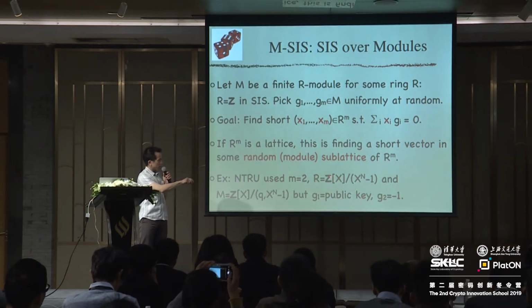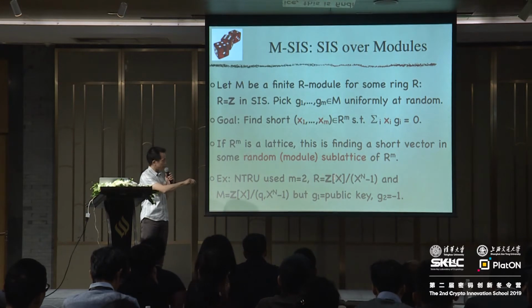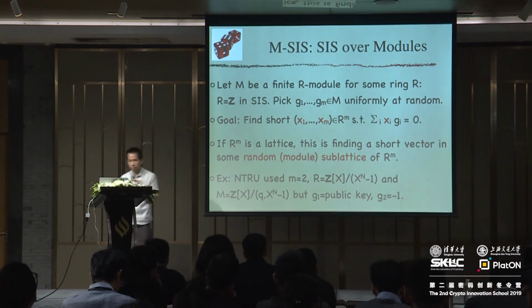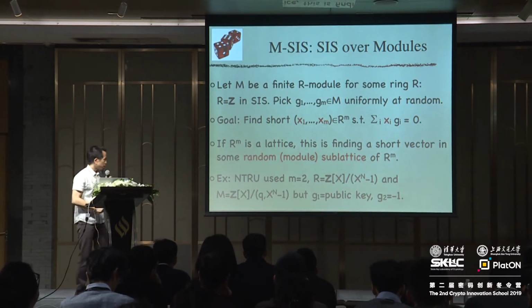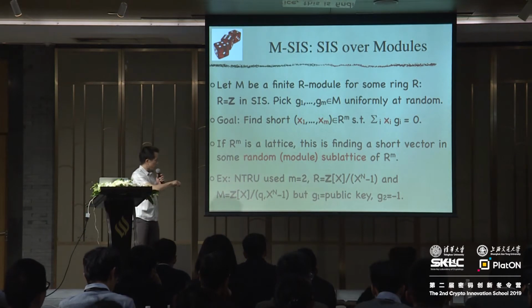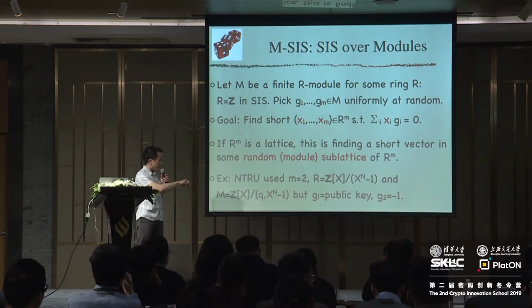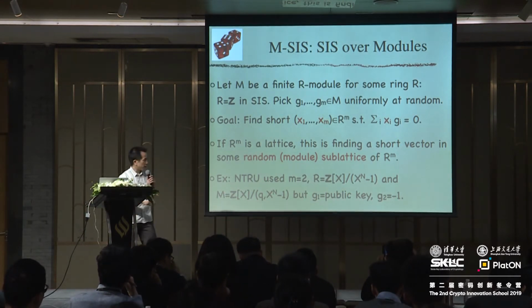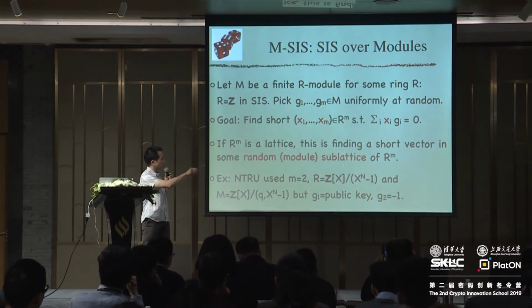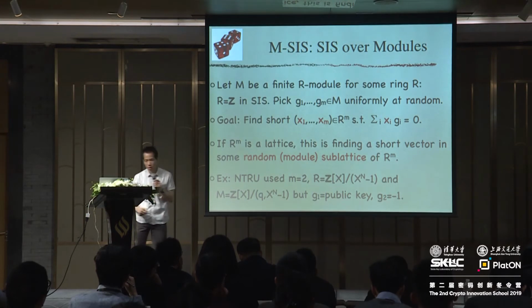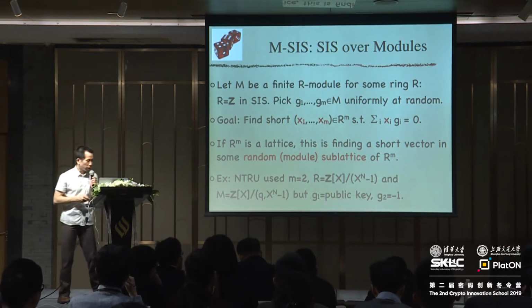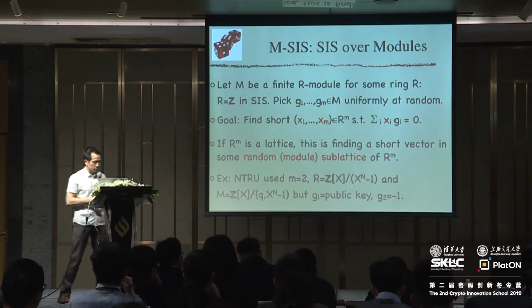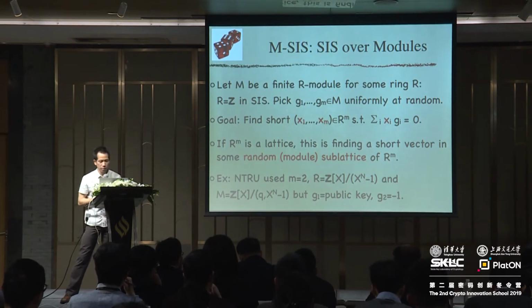And the ring was a polynomial ring, integer polynomials divided by x to the n minus 1. So the module was the integer polynomials modulo q and x to the n minus 1. And instead of taking the uniform distribution, g1 was the public key and g2 was minus 1. Okay, so that's a way to view NTRU as this ring case.